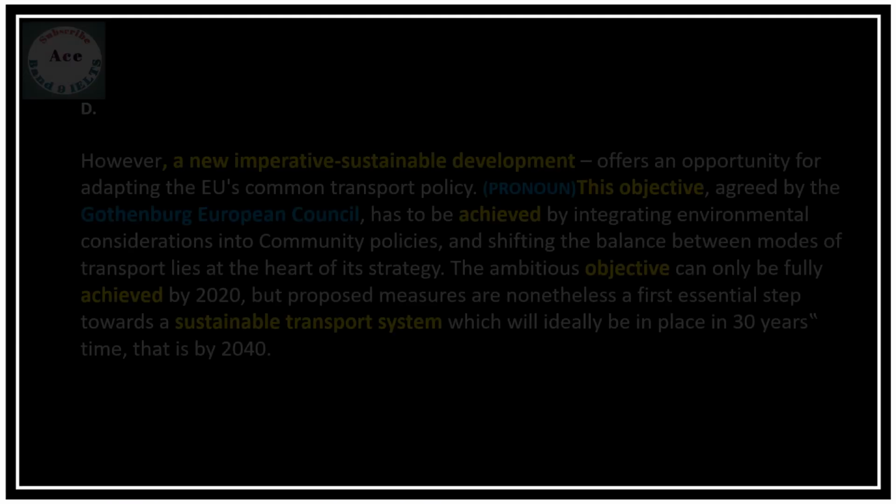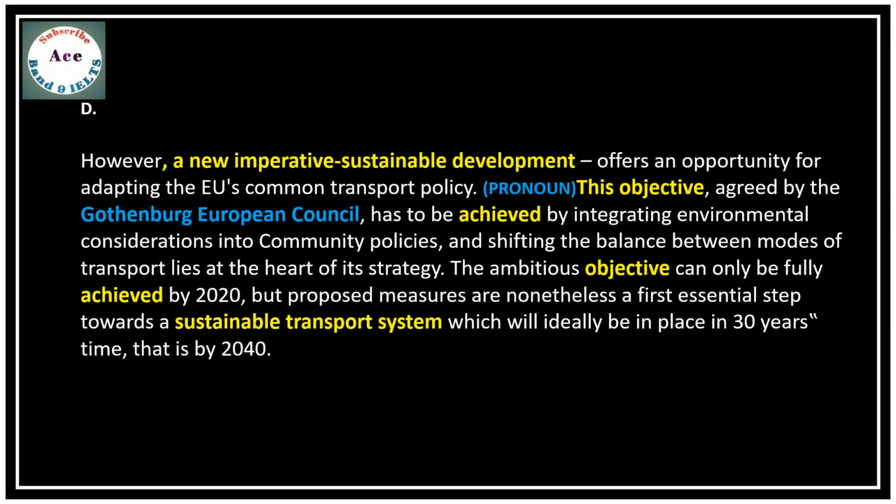Now let us look for the keywords given in para D. The fourth paragraph starts with a key phrase, that is, a new imperative, sustainable development. Does this key phrase or key idea appear elsewhere in the para, or does it disappear?